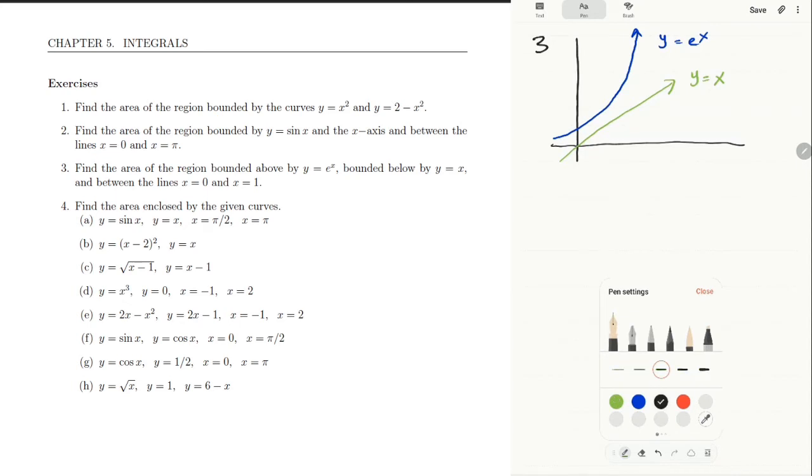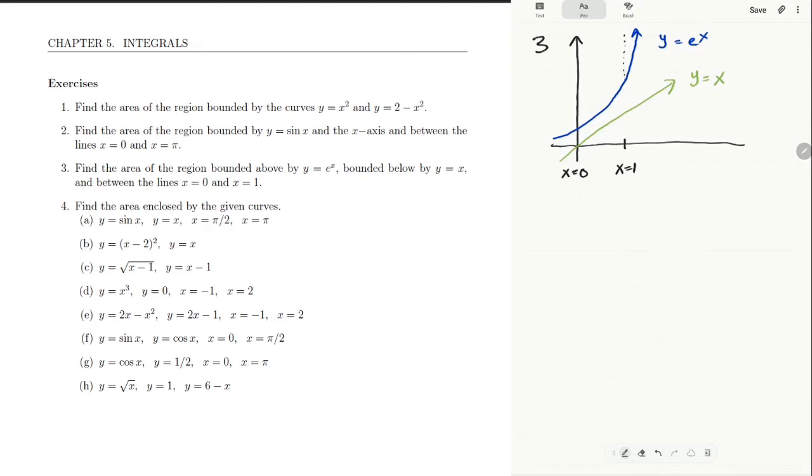And then we have the lines x equals 0 and x equals 1. So that is the y-axis and the line x equals 1. And so the region that we're interested in is this shaded area.